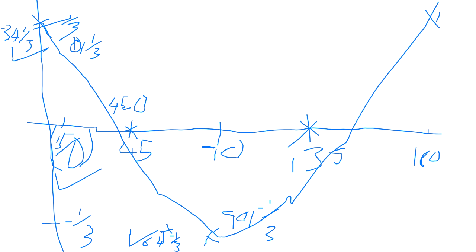Then here is 135 and 0. 30 degrees to the left, so it's going to be 105 and 0.